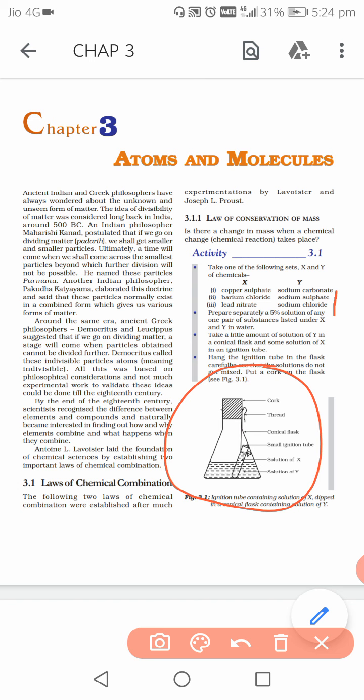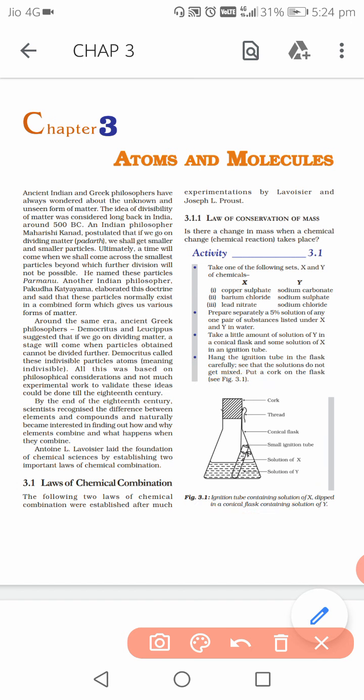The solution inside the ignition tube will get mixed with the solution of Y, and once both solutions get mixed we get a chemical reaction, and after the reaction there will be formation of one or more new products. But it is seen that even after this chemical reaction, when the mass is measured, the mass comes out the same.